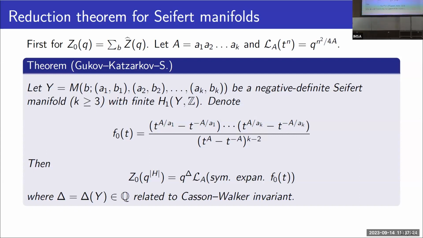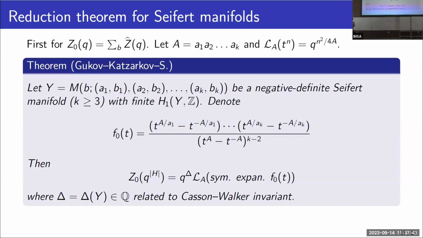and the formula says that Z0 of q to the power of delta, so that's just a normalization, is given by a symmetric expansion of this rational function, and then the substitution L_A.